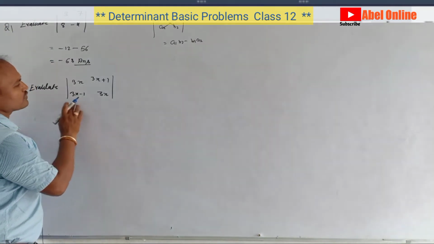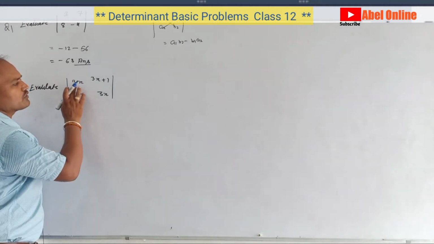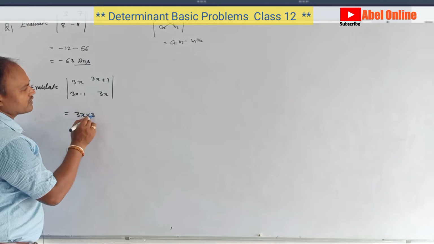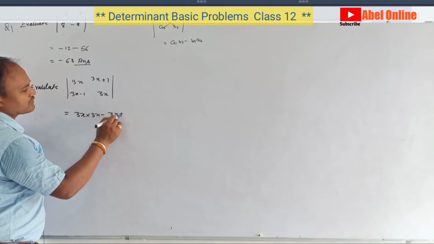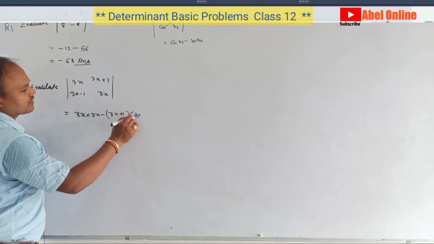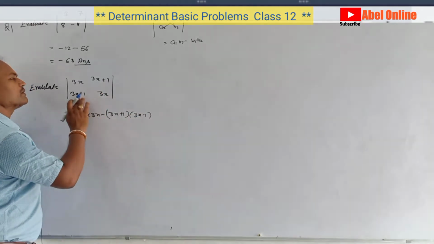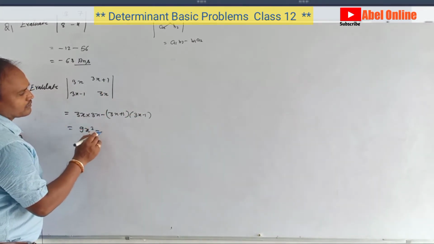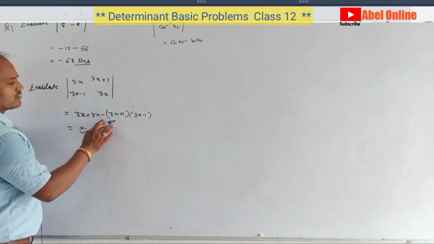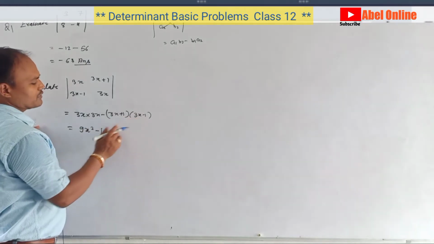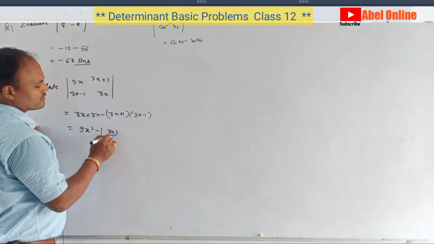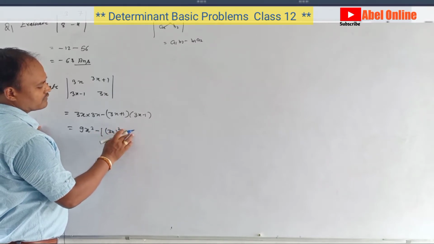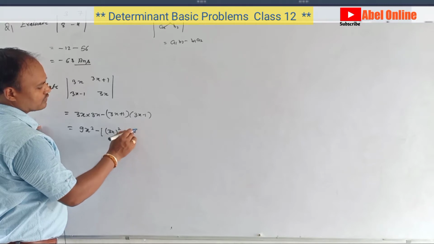When we solve this question, 3x is multiplied by 3x, so 3x multiplied by 3x minus (3x plus 1) times (3x minus 1). This multiplied by this and this multiplied by this. So we can say that it is 9x square minus, this is of the form (a plus b)(a minus b), so 3x to the power 2 minus 1 square.